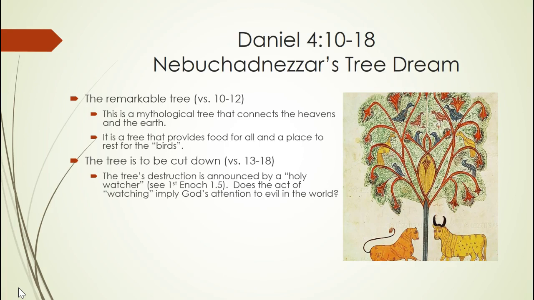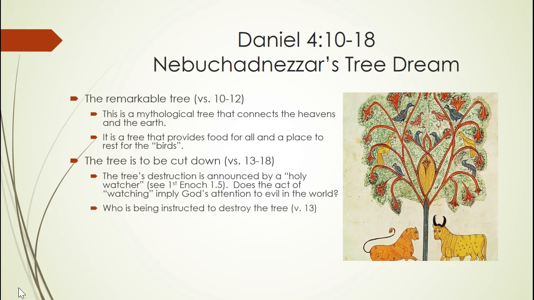So we wonder if the act of watching implies, again, God's attention to the evil in the world. So the watchers come and announce things, and they're announcing basically some kind of judgment that is coming from God. So God has attention, as it were, on what the kings or the rulers, the kingdoms are doing.